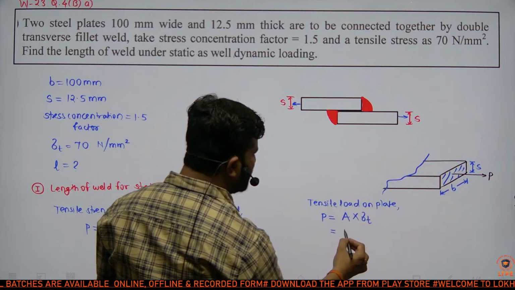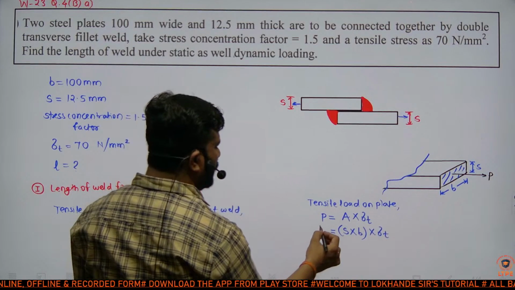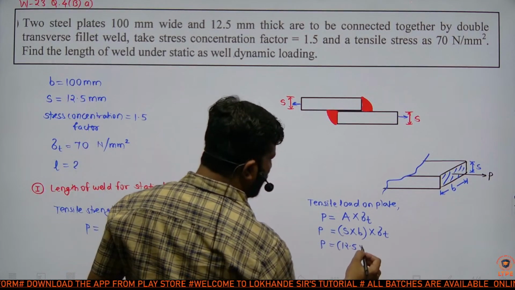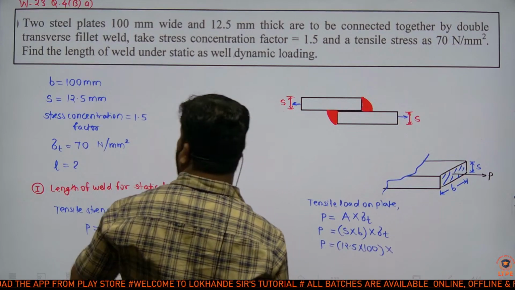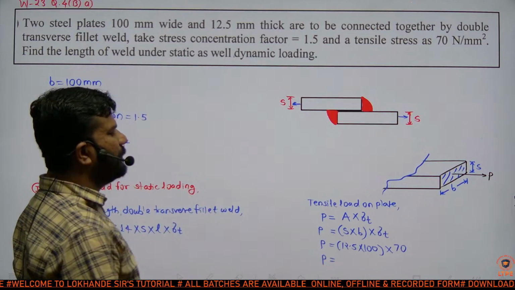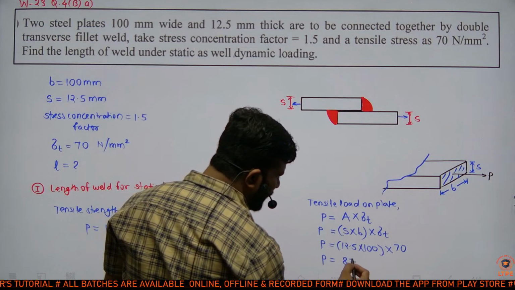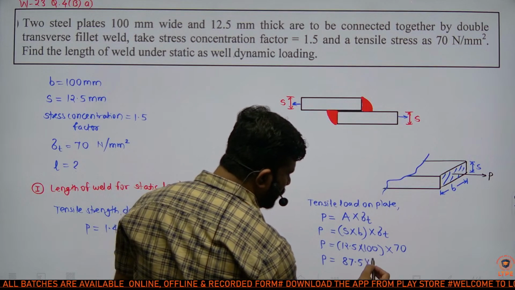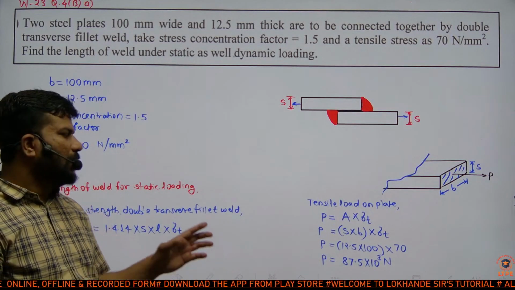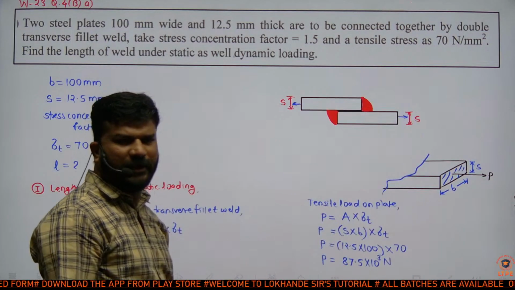So P is equal to 12.5 into 100 into tensile stress 70. The load present on the plate is 87.5 into 10 to the power 3 Newton.